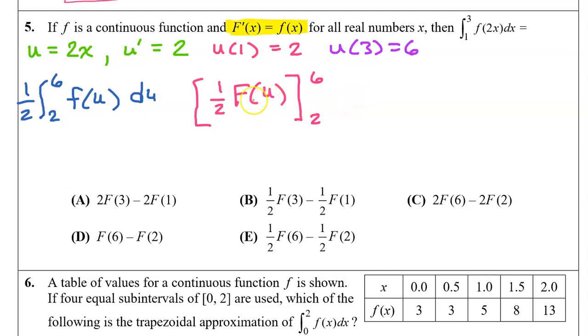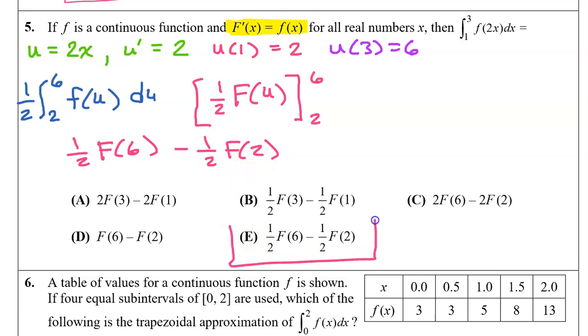This means we need to find the value at 6 and then subtract the value at 2. So that will give us 1/2 capital F at 6 minus 1/2 capital F at 2. So we see that the answer is E. So that's how you would do it if you wanted to change the limits of integration.